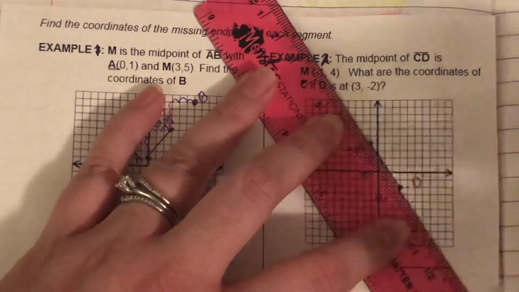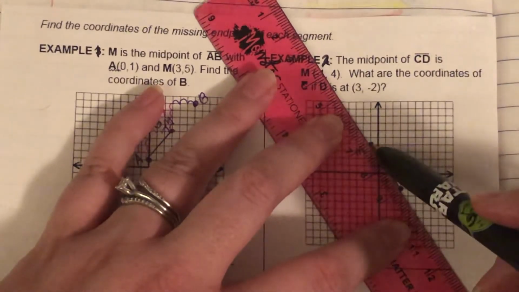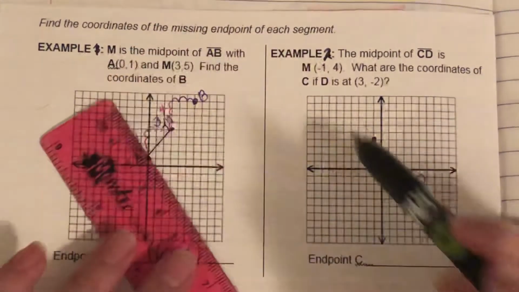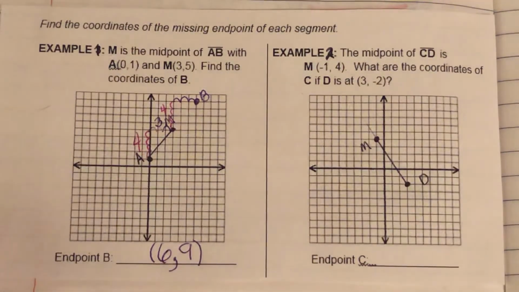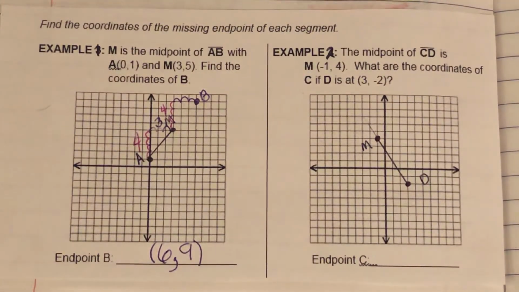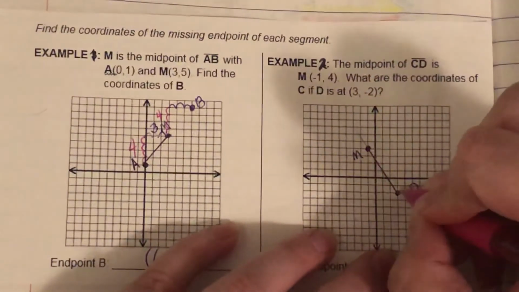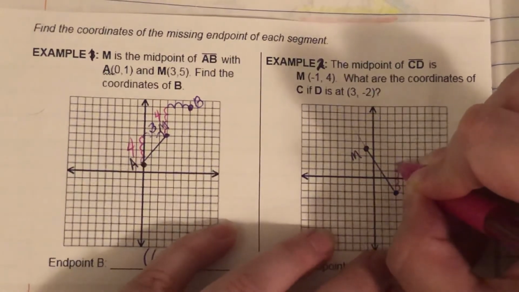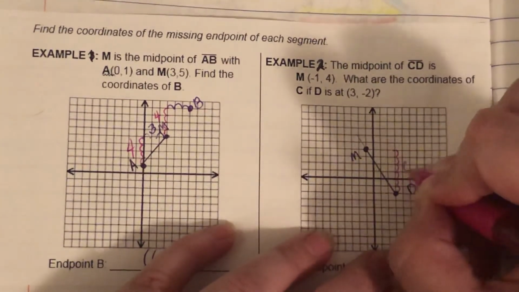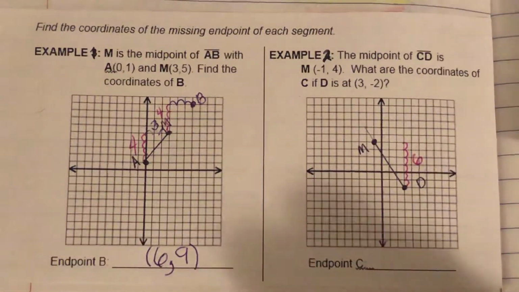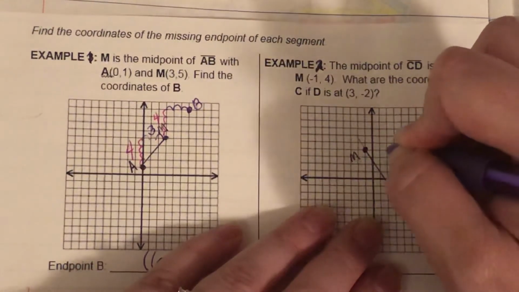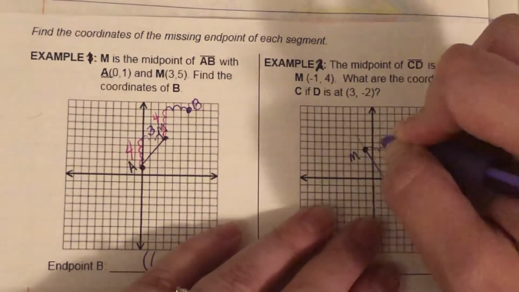C's got to be somewhere up there, right? As I know that I'm going up this way, and C's got to be somewhere up there. I'm going to use my rise over my run. Since I'm counting from end to middle, I count, and then I count again. So I'm going to go 1, 2, 3, 4, 5, 6, and I stop when I'm even with the M. 1, 2, 3, 4.